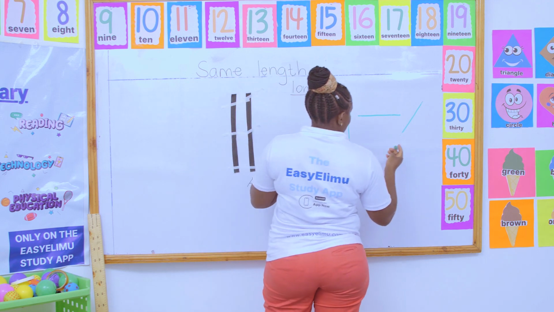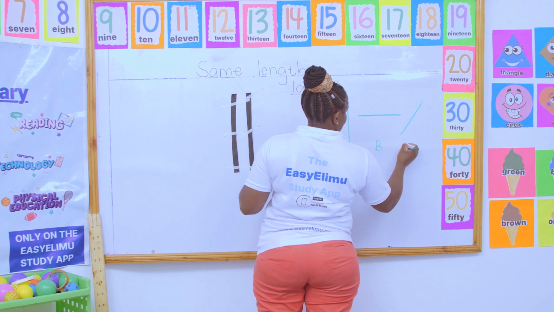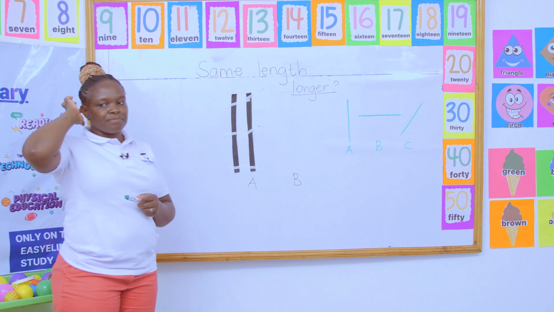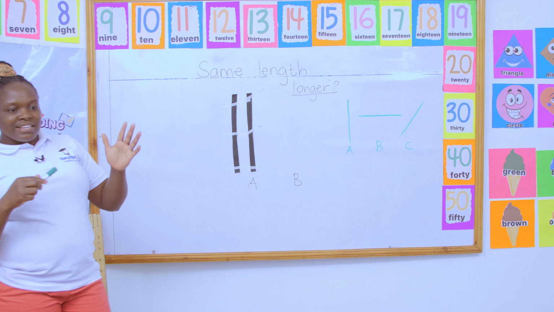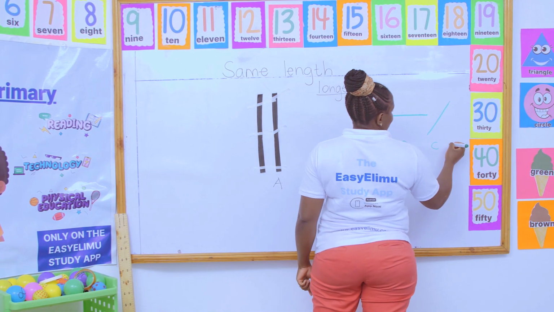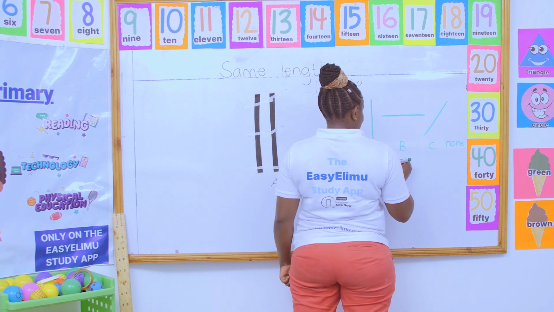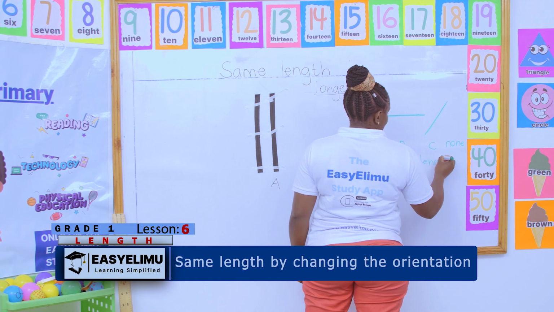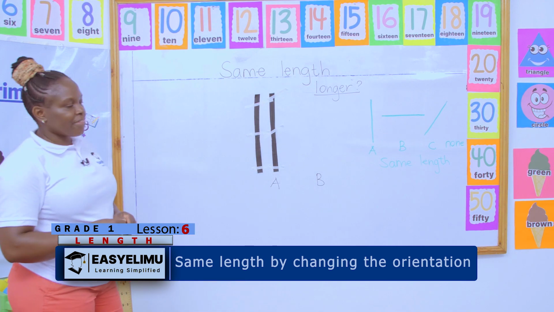So we have here line A, line B, and line C. The question is, which one is longer? Yes, Janet? None. All are the same length. So none is longer. Line A, line B, and line C have the same length.